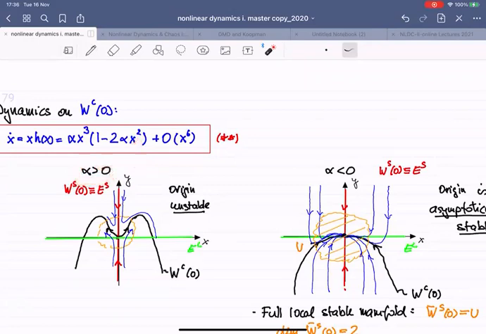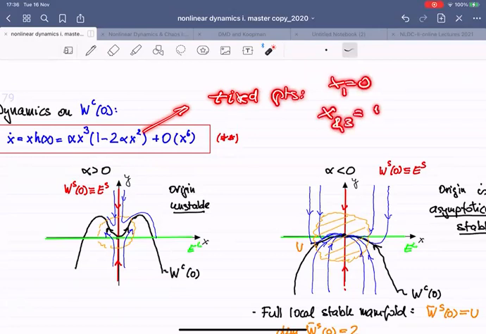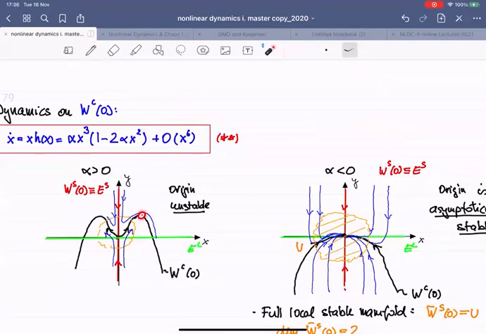And lo and behold, since it's a quadratic equation, it gives you 2 roots, so equilibrium fixed points. You have x1 equals 0, and then you have x2, 3 equals plus minus the square root of 1 over 2 alpha. And those happen to be right here.